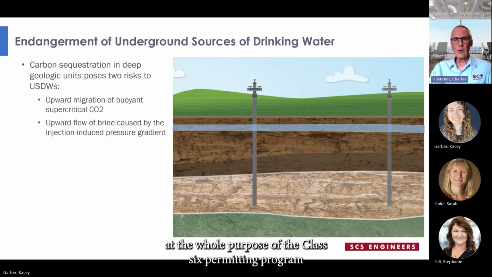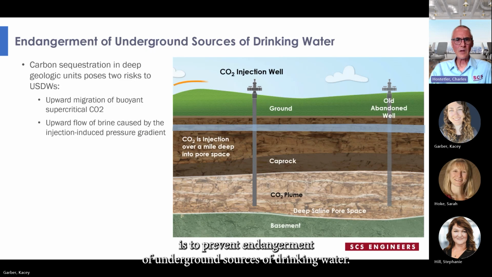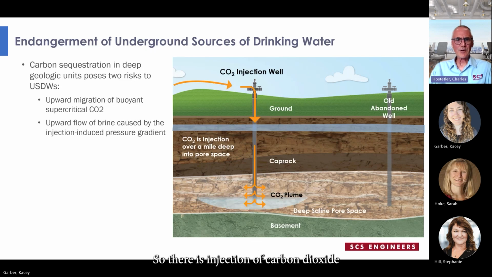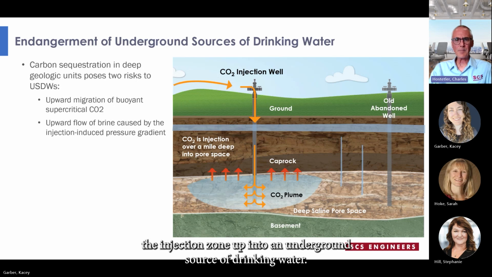The whole purpose of the Class 6 permitting program is to prevent endangerment of underground sources of drinking water. So there's injection of carbon dioxide and buildup of a plume, which is contained by the cap rock. And then pressure can cause migration from improperly abandoned wells and push brine up from the injection zone up into an underground source of drinking water.